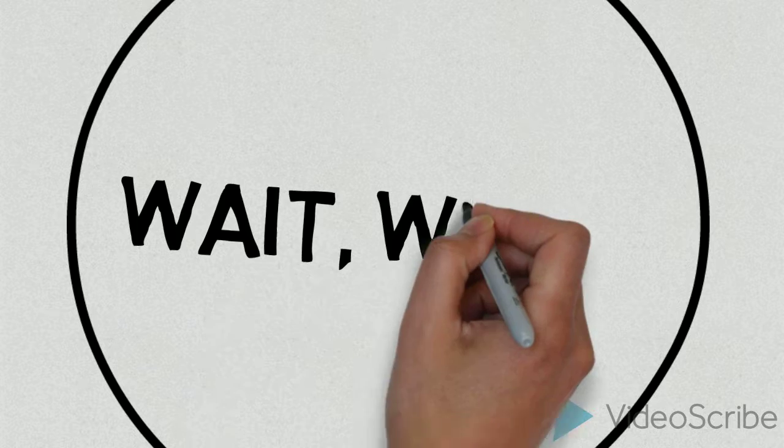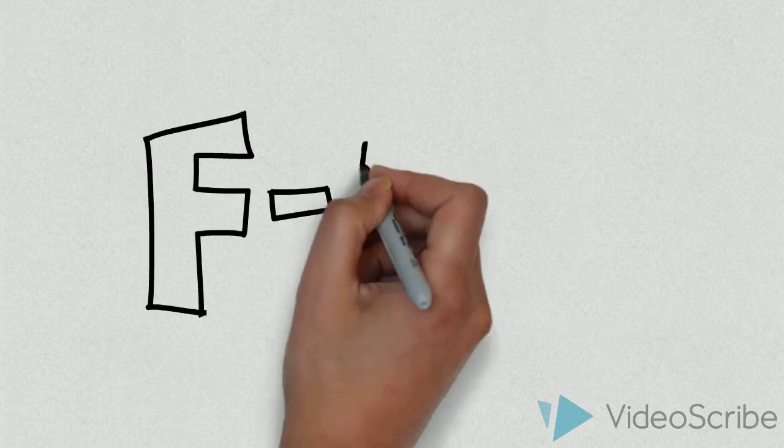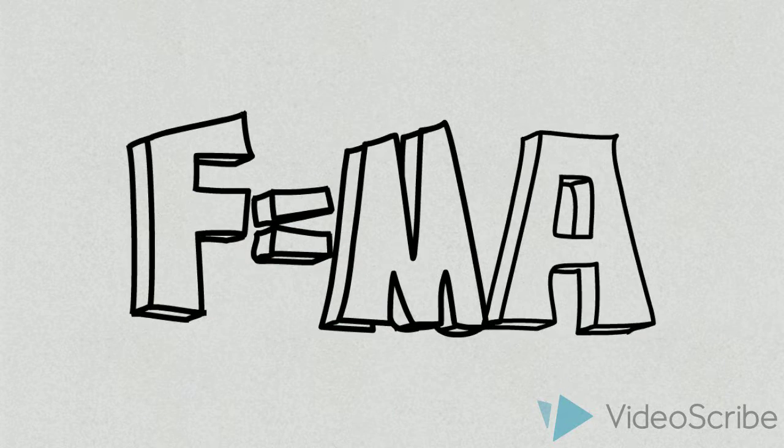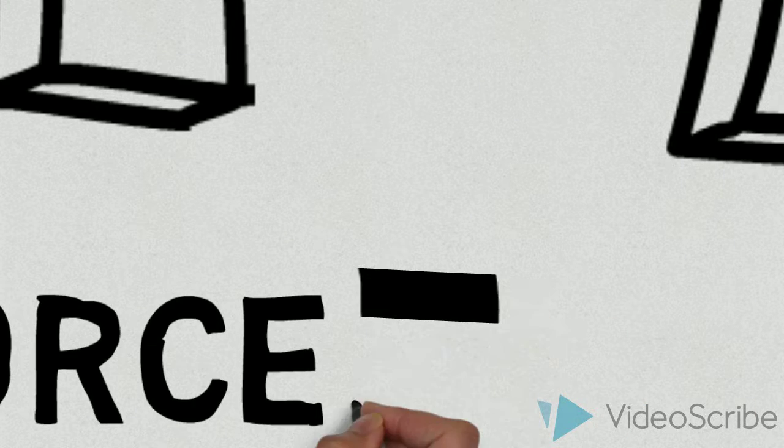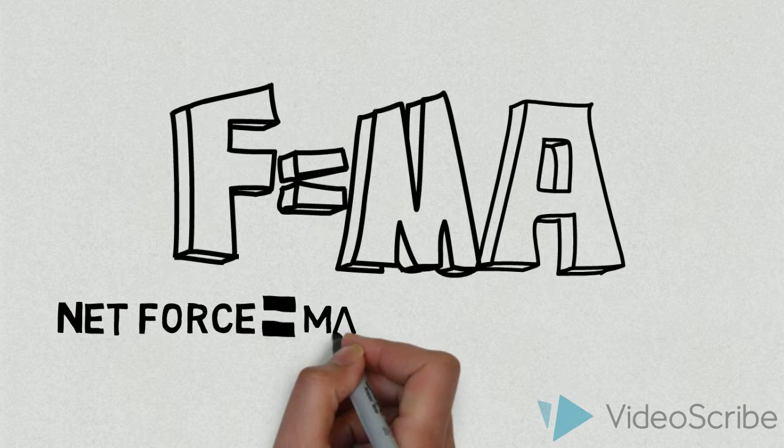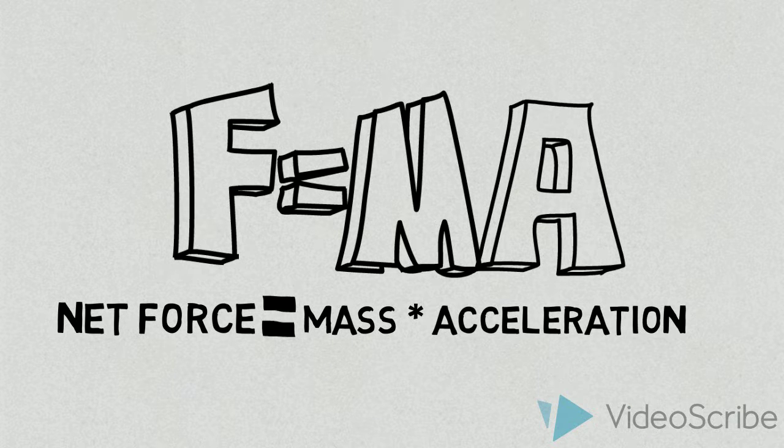Well, I'm going to teach you an equation which is easy to understand for the second law, which is F equals ma, which stands for net force equals the mass of the object times the acceleration.